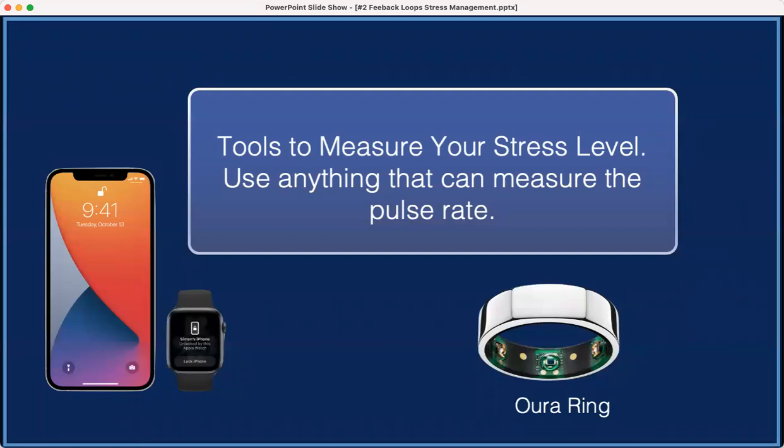And if you can do that in a continuous pattern during respirations, you can measure your level of stress. I personally use this Oura ring that measures my stress levels, and it measures them specifically during sleep and during the night. So it's measuring the pulse using your finger.